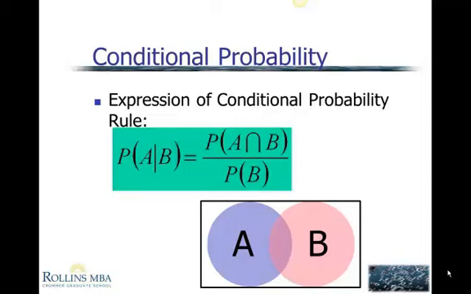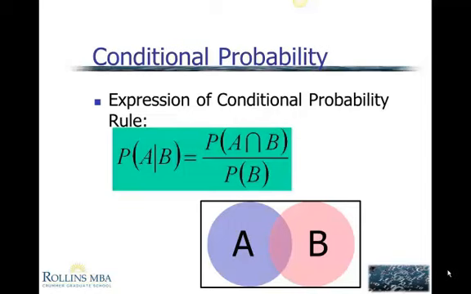If you're outside of the blue circle, you're not a Coca-Cola drinker. In the pink circle, event B means you're female. If you're outside of the pink circle, it means you're not female. And in this case, A and B intersect. That dark area in the middle where the two circles overlap, that's the intersection. Those are people who are both Coca-Cola drinkers and female.